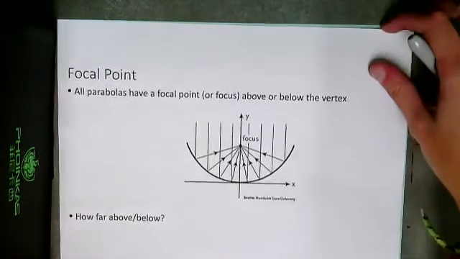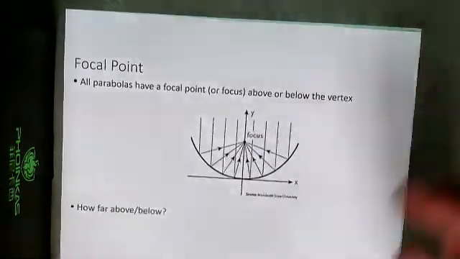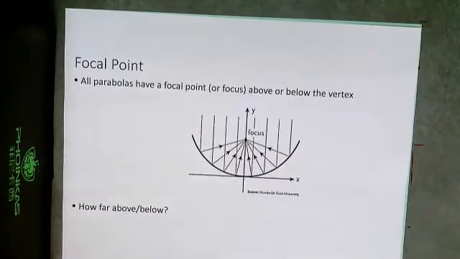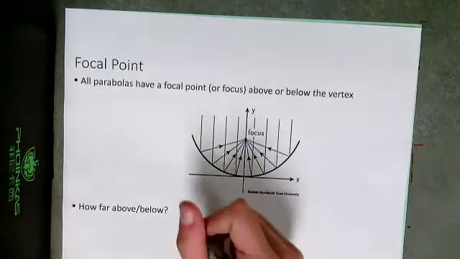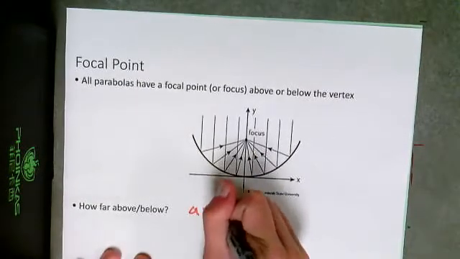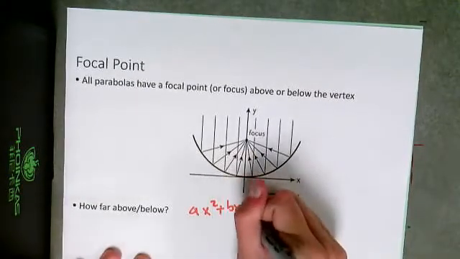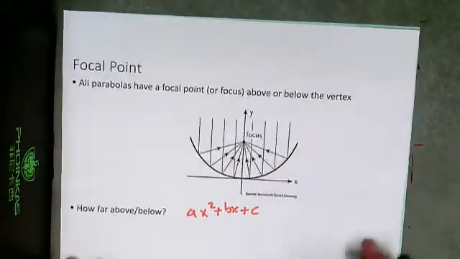Focal point. All parabolas have a focal point or focus above or below the vertex, and it lies on that axis of symmetry. So if you remember, general form is this for your parabola.